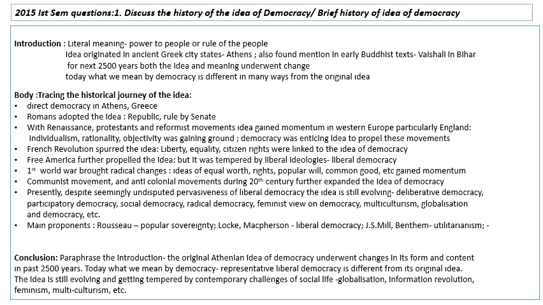But of course, that was a kind of ideal which we are still seeking to achieve as far as democracy is concerned. Then the Romans adopted the idea in the form of a republic ruled by the Senate. In the modern world, with the Renaissance in England and elsewhere in Europe, the Protestant and Reformist movement gained momentum in Western Europe, and they drew inspiration from the idea of democracy.